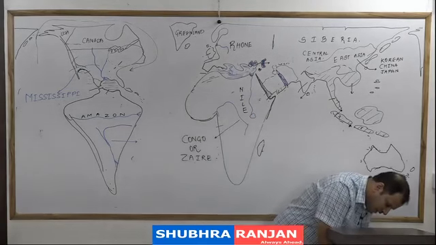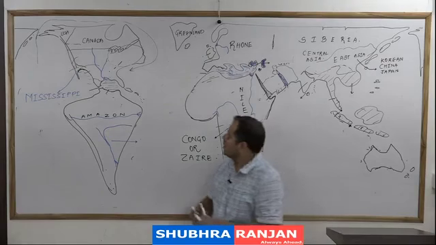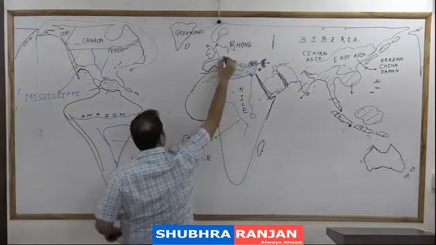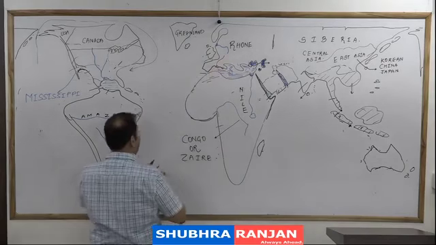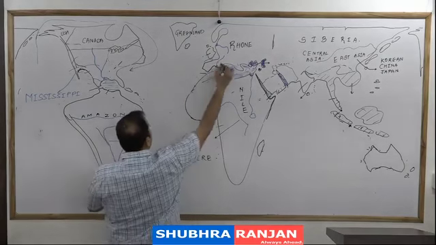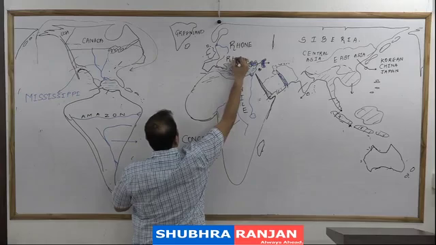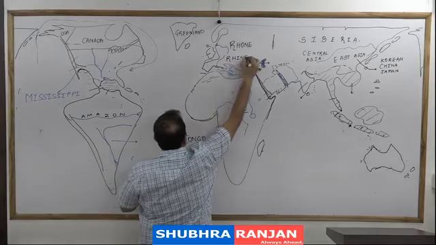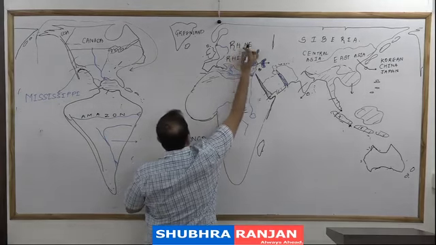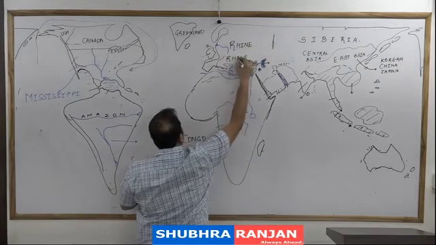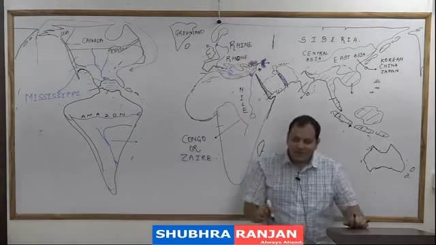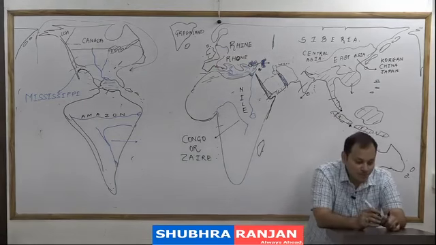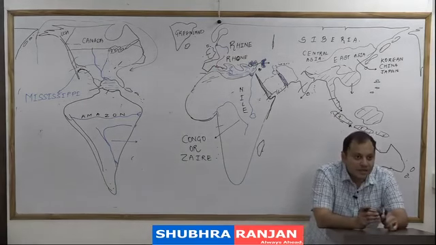And the other river originates here and then drains into the Mediterranean Sea, which is known as River Rhone. Remember, sorry, this upper river is known as River Rhine, and the river which comes down is known as River Rhone. So, this is River Rhine and Rhone.